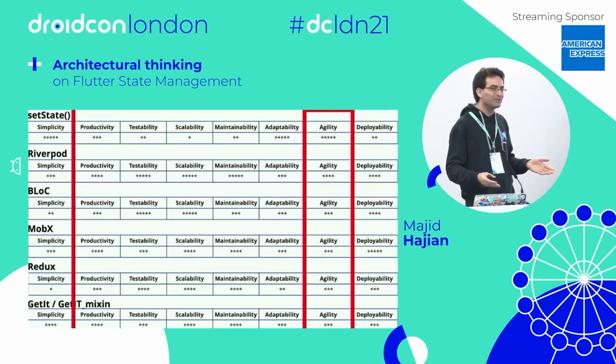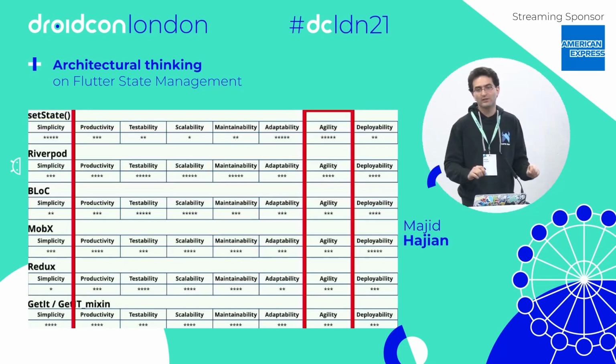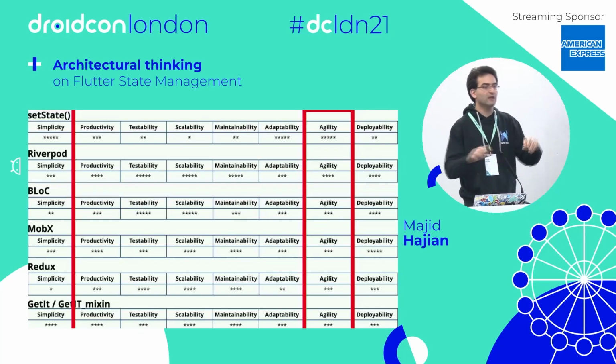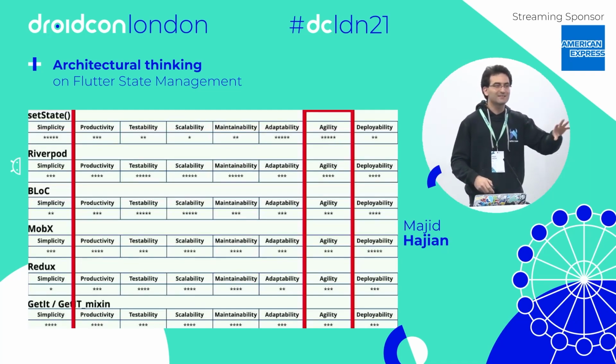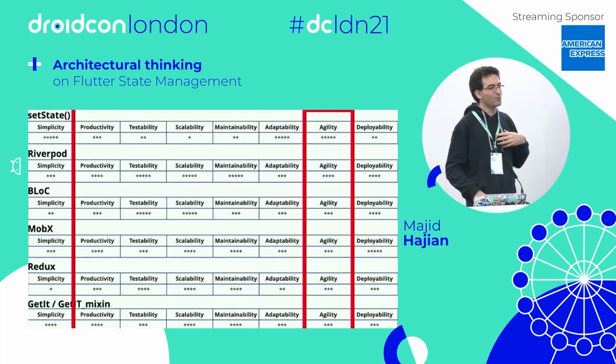You can create an application in a day. I didn't want to spend more time. Agility and simplicity for me was the most important factor. I really didn't care if I had to pass down some state somewhere, or about refactoring. So I ended up, guess which state management based on this you think is best for my application?